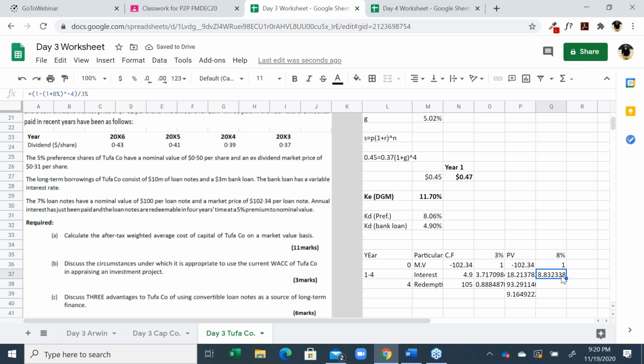Okay, a mistake. And we have to have 8% here in the denominator as well.